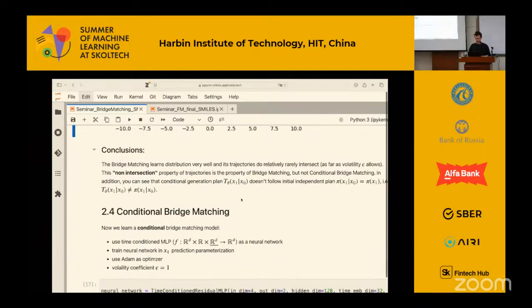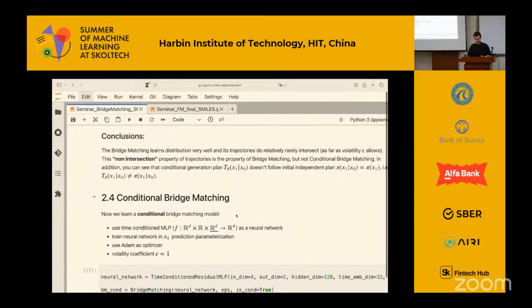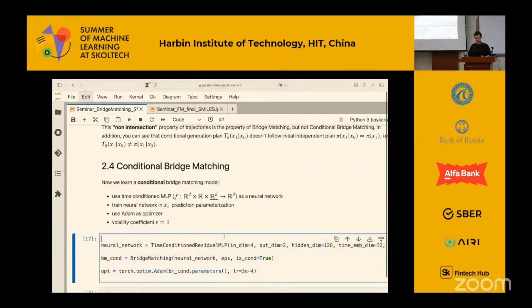But a different thing will happen with conditional bridge matching. So let's take a look at conditional bridge matching. Again, we can use almost the same thing, but we would need a different neural network architecture, a slightly altered MLP in our case.